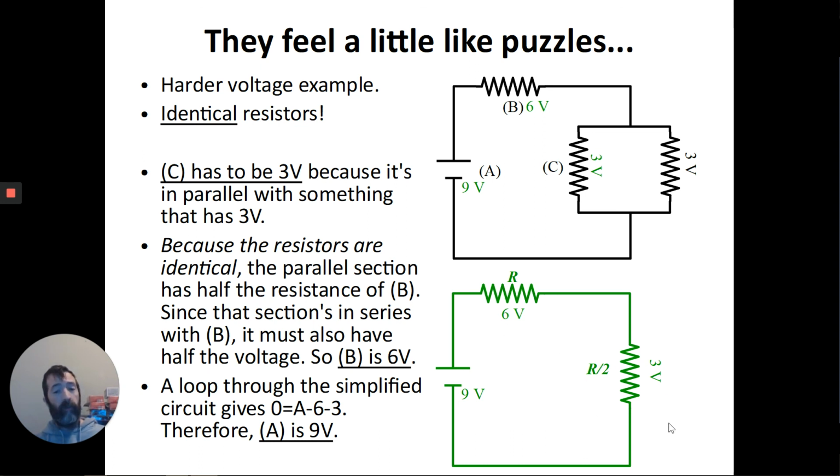Like if I know this resistance and voltage and I know this resistance, I can determine that that voltage has to be twice as much. There's going to be some reasoning like that in the classwork, along with usage of the Kirchhoff rules themselves. And that is all I've got to say.